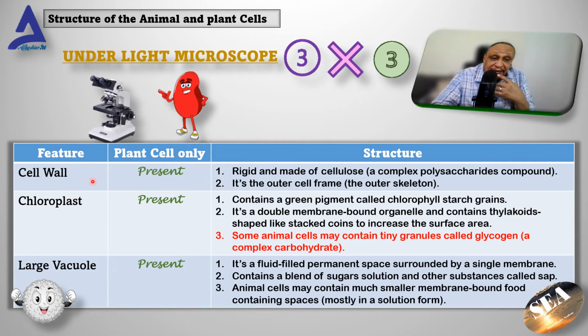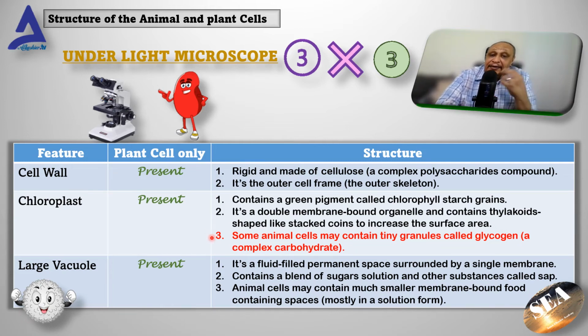The last one is the large vacuole. It is present in the plant cell, not the animal cell. It is a fluid-filled permanent space surrounded by a single membrane. It has no double membrane.